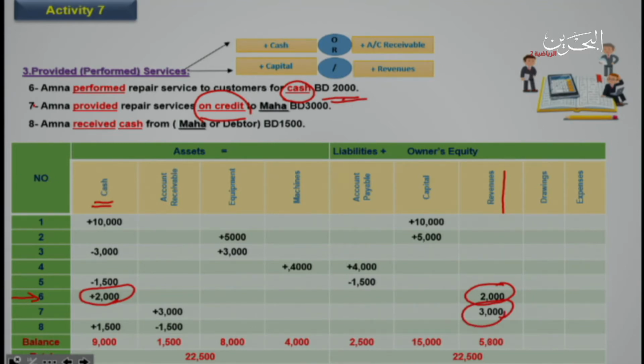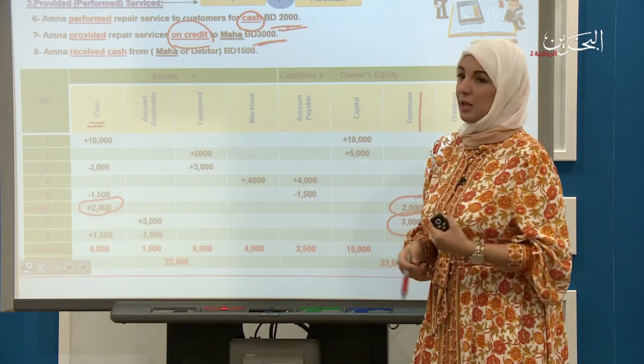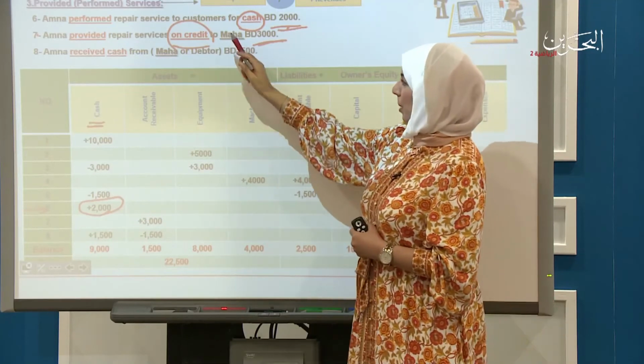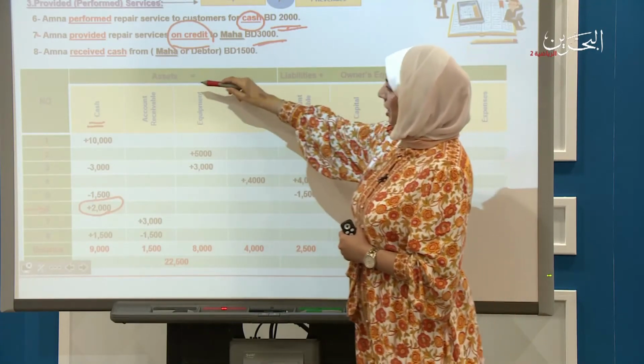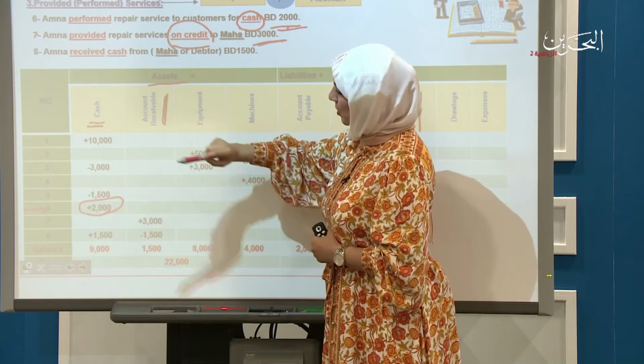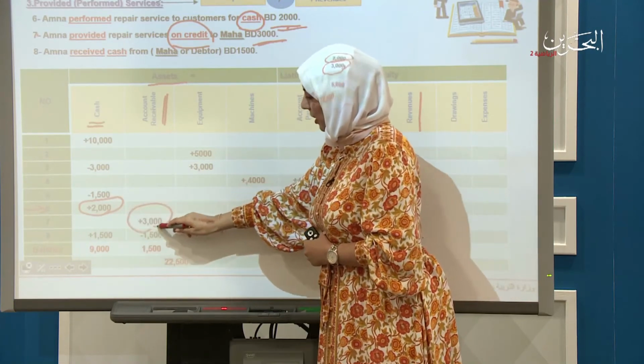But my dear student, did I receive the amount of 3,000 that I performed the service for? No, I didn't receive the amount. I'm waiting to receive this amount from Maha. So, coming to the asset section, under the account receivable account, I will increase it by 3,000.